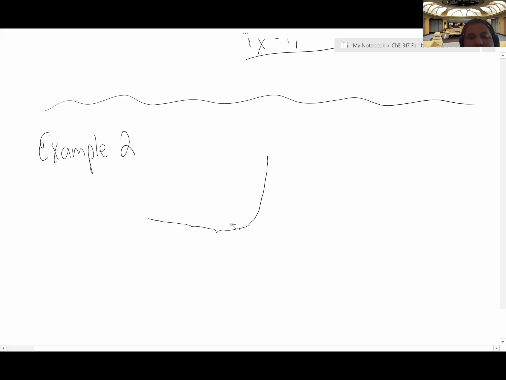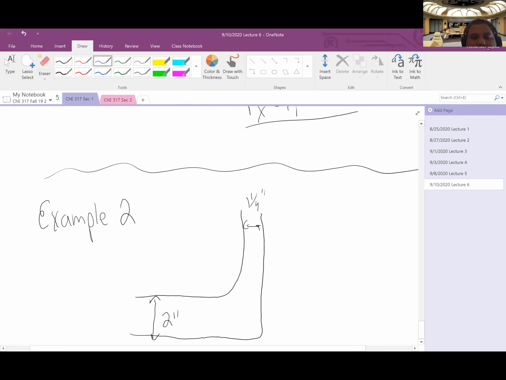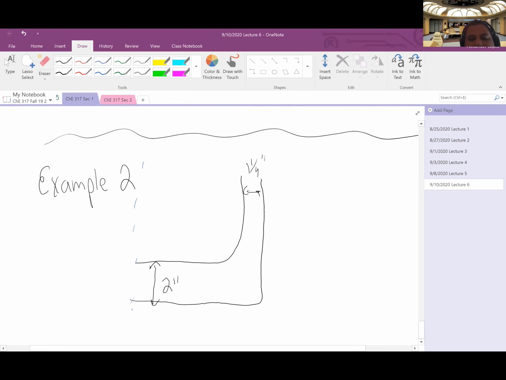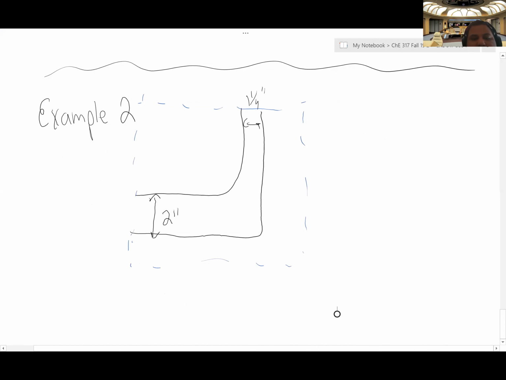That was a terrible drawing. All right, so this diameter is 2 inches. This one is 1 1/4. The system is going to be the elbow. And we have a pressure here of 3 bar.